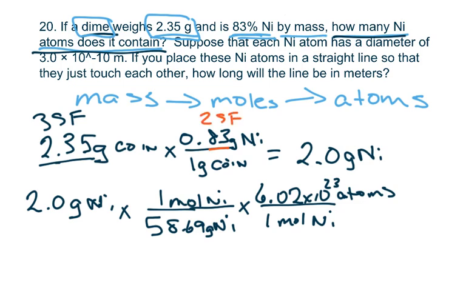So our answer here will have 2 sig figs. And when we do this, we get an answer of 2.0 times 10 to the 22nd atoms of nickel.